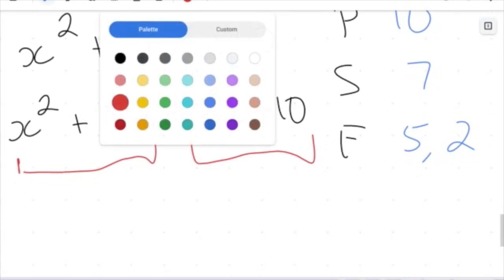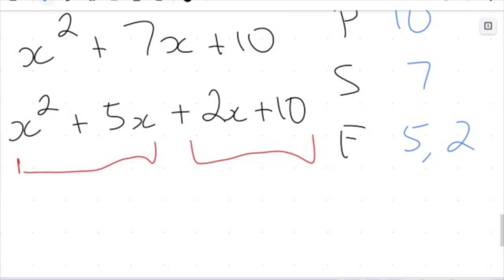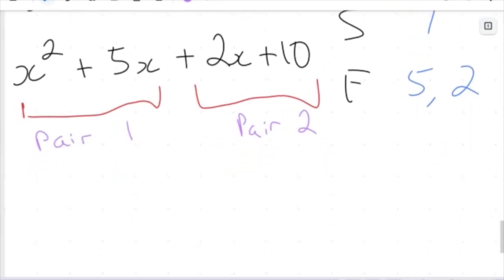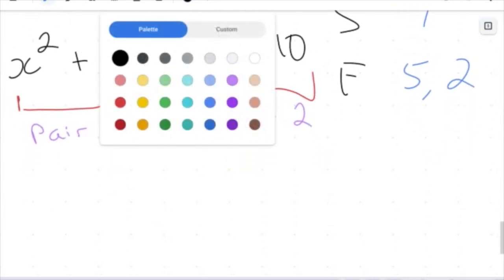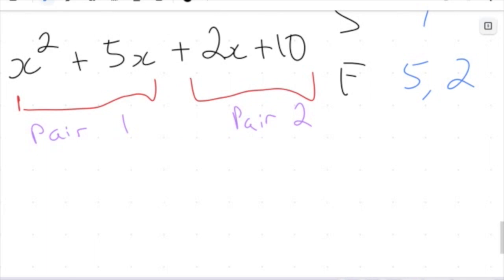So we're going to consider each of these pairs separately. Remember before I did this thing where I was like pair 1, pair 2, and I did these separately to factorize. Now I'm going to do this a bit quicker because we've already covered this.